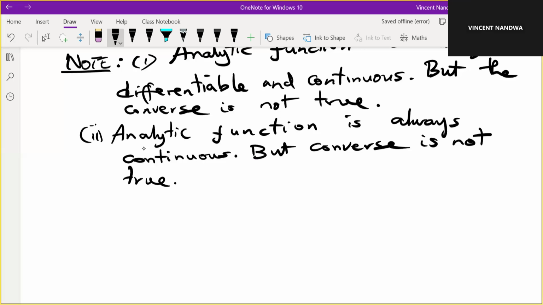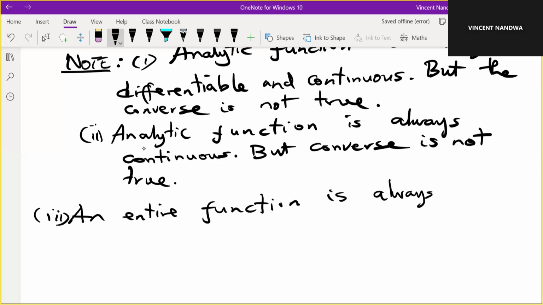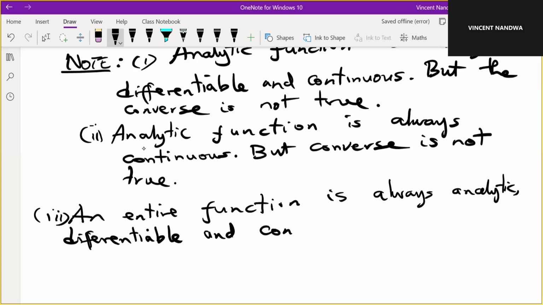And we can also say an entire function is always analytic, differentiable and continuous, but the converse is not true.